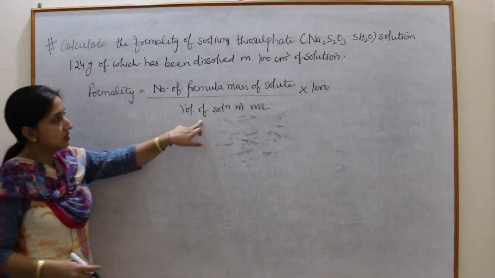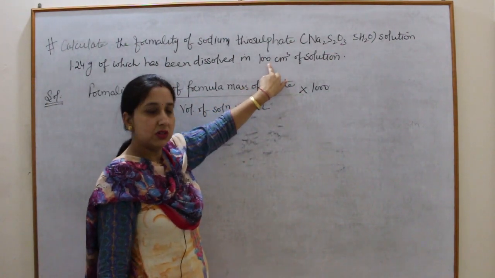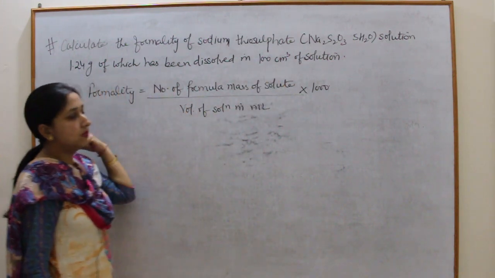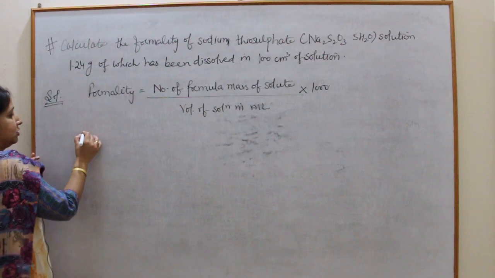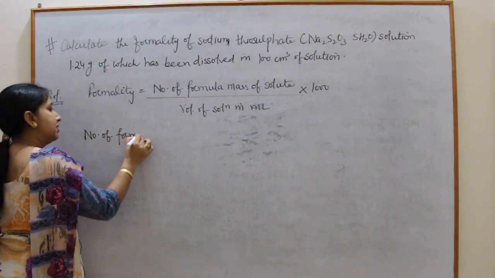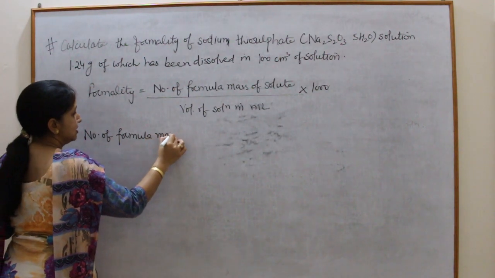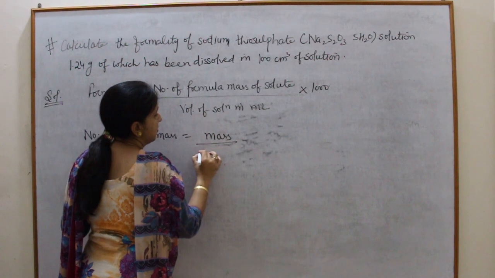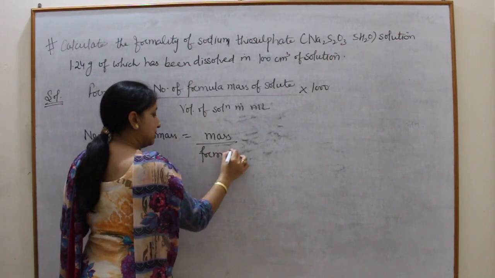So volume of solution is equal to 100 centimeter cube, but we require the number of formula mass of the solute. So similar to number of moles, number of formula mass is equal to mass upon formula mass.